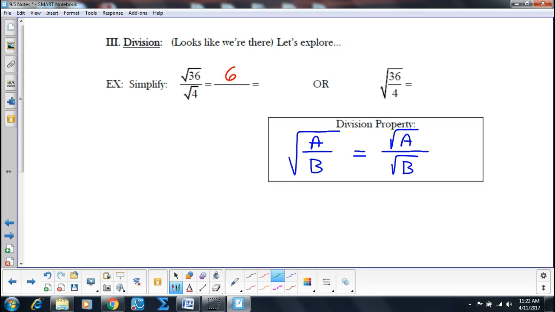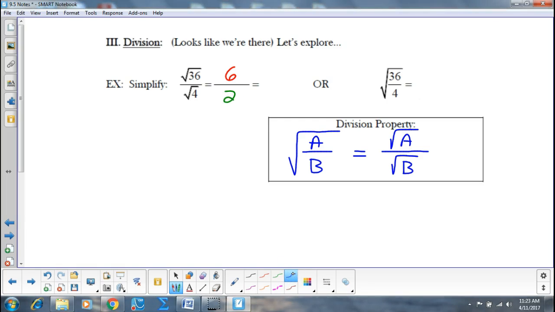The square root of 4 is 2. And so then that gives me 6 divided by 2 is 3. Or we could say then that the square root of 36 divided by 4 is the square root of 9, which is 3.